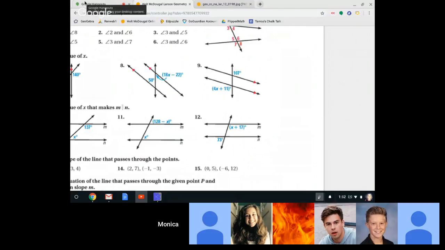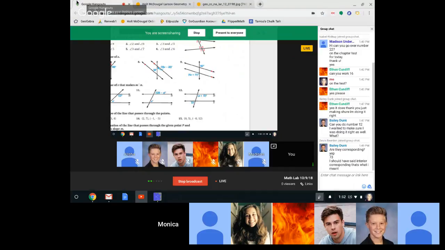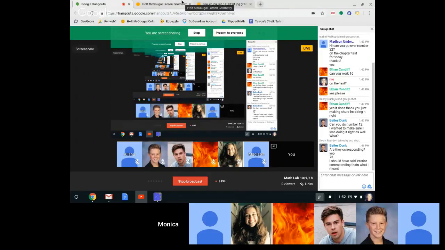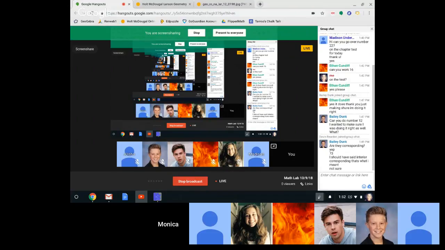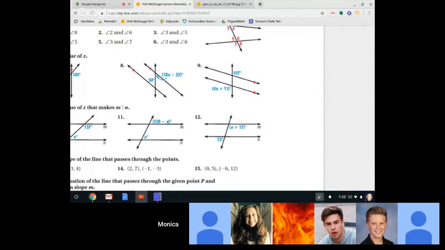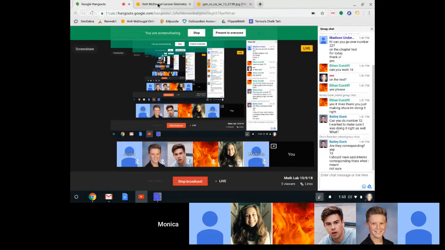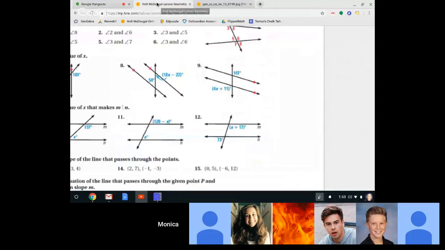Are they congruent or are they supplementary? Okay, so when you look here, do these two angles look like they're the same?